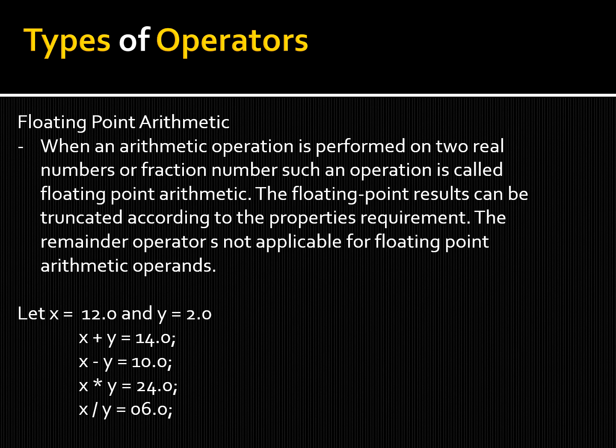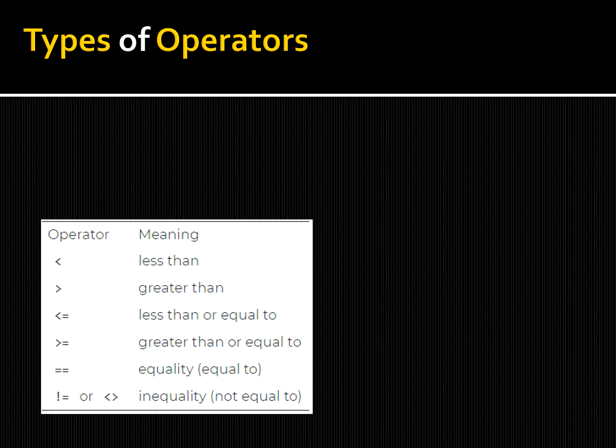So if x equals 12 and y equals 2, and if we substitute, 12 plus 2 is 14, 12 minus 2 is 10, 12 times 2 is 24, 12 divided by 2 is 6.